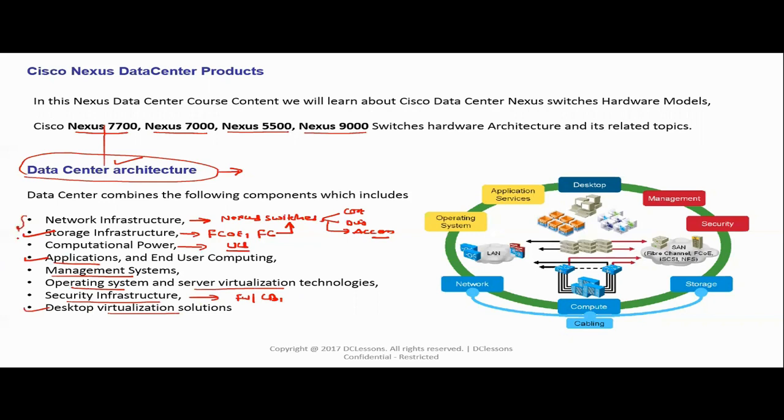These different infrastructures form a complete data center. So in a nutshell, a data center comprises the network infrastructure, storage infrastructure, computational power, application and user computing, management system, operating system, security infrastructure, and desktop solution. If you club all these together, it forms a complete data center solution at any enterprise level.